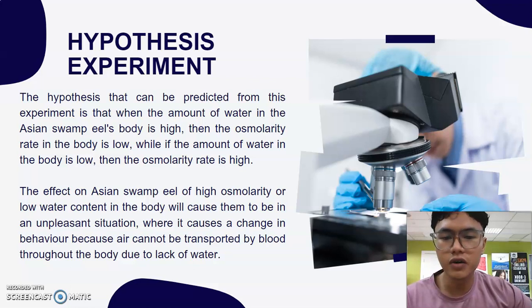While if the amount of water in the body is low, then the osmolarity rate is high. The effect on Asian swamp eel of high osmolarity or low water content in the body will cause them to be in an unpleasant situation, where it causes a change in behavior because air cannot be transported by blood throughout the body due to lack of water.